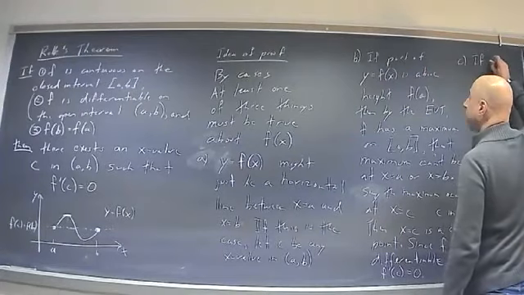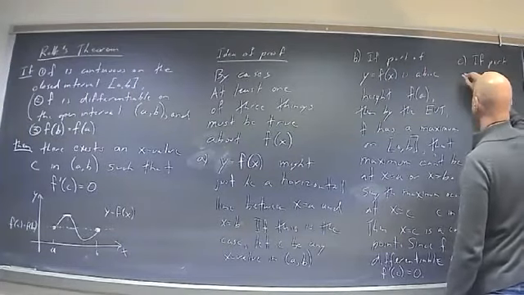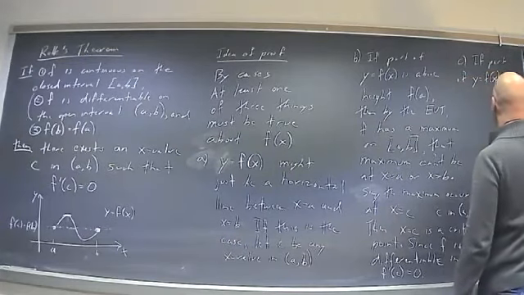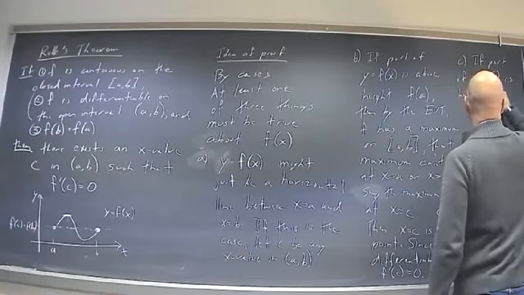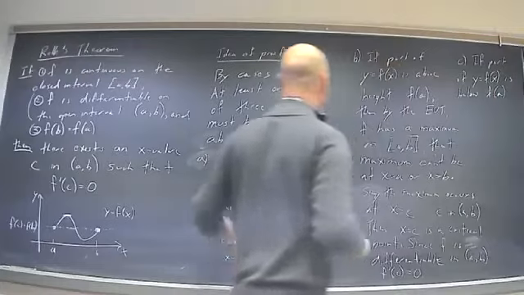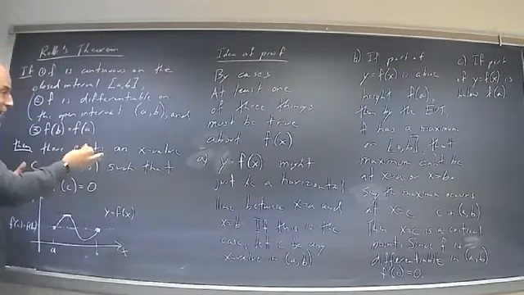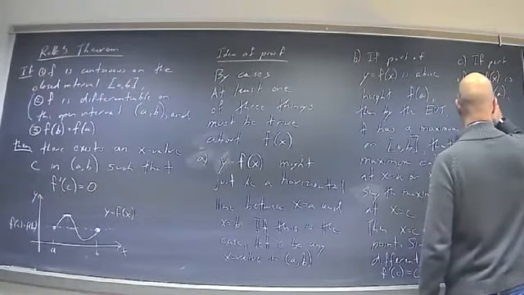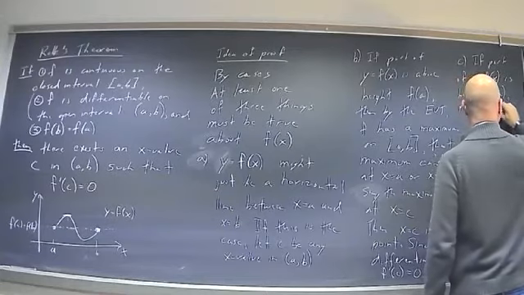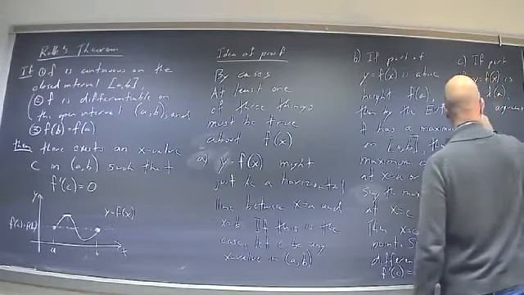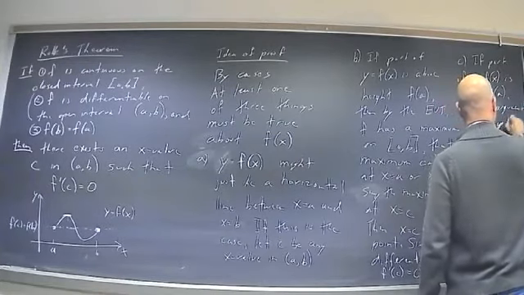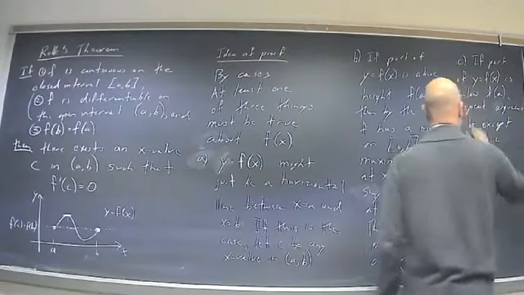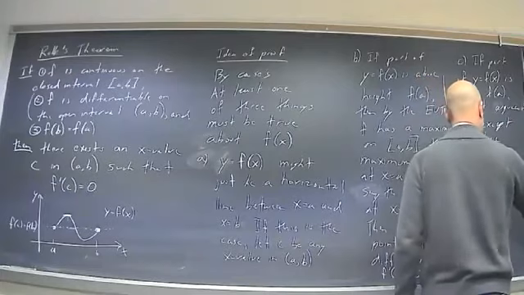So if part of y equals f of x is below f of a, just repeat argument B, except where I said maximum, replace it with minimum.